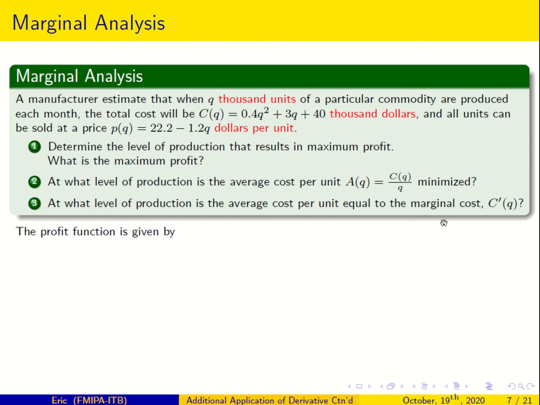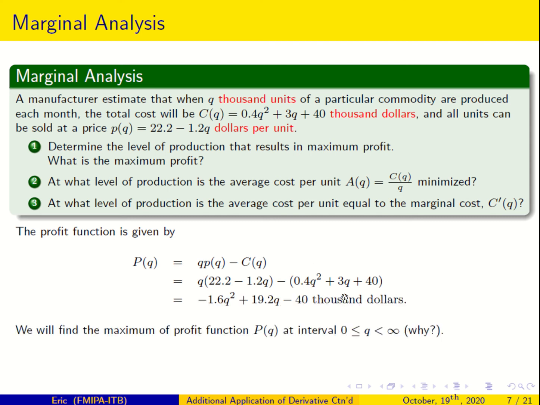Let's look. The profit function is given by this. This is the unit price times the quantity produced, so this is the revenue, minus the cost. We can substitute the revenue here and simplify this into this. Don't forget the units are in $1,000.